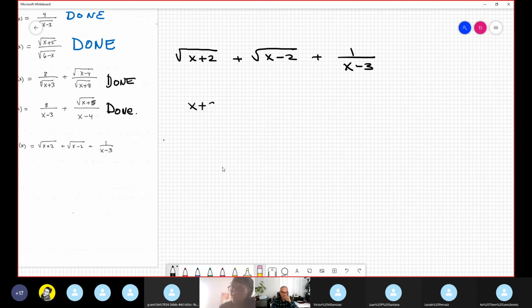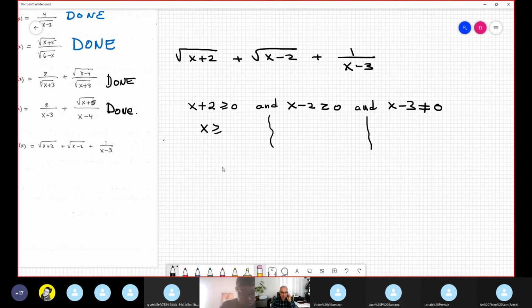So x plus 2 greater than or equal to 0, and x minus 2 greater than or equal to 0, restriction 2, and x minus 3 not equal to 0. Remember the interpretation as a whole. Let's solve the inequalities one by one, separately. x greater than or equal to negative 2, x greater than or equal to positive 2, and x not 3.